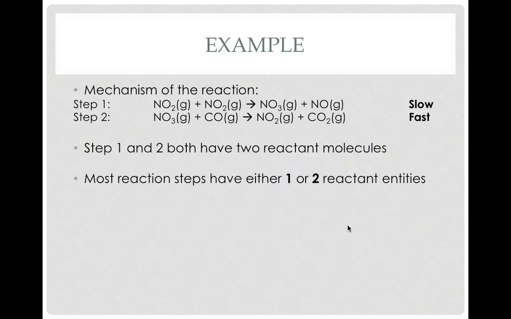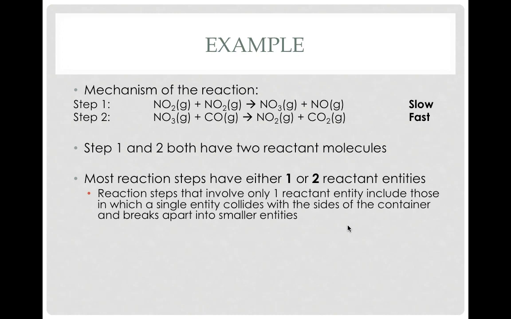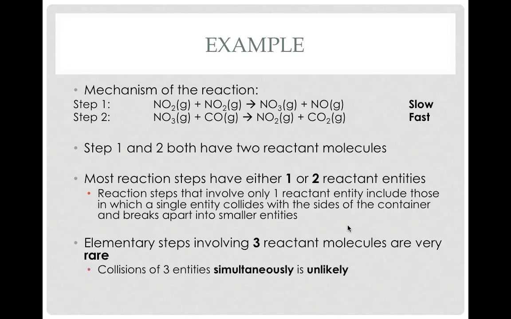Okay, so every elementary step will typically only have 1 or 2 entities in it. Sometimes it might have 3, but it's very rare. So most reaction steps have 1 or 2 reactant entities. Having 3 is rare, and the reason for that is probability.